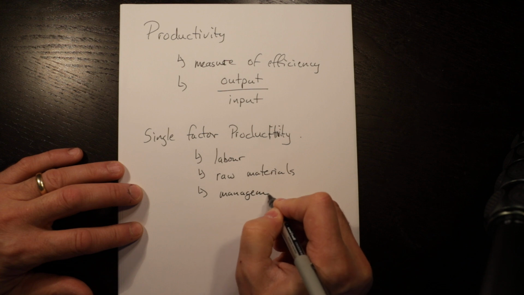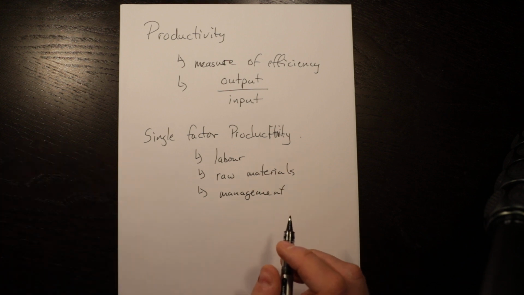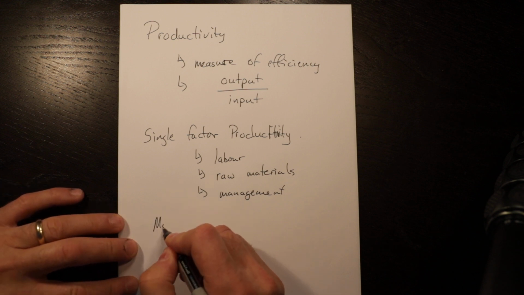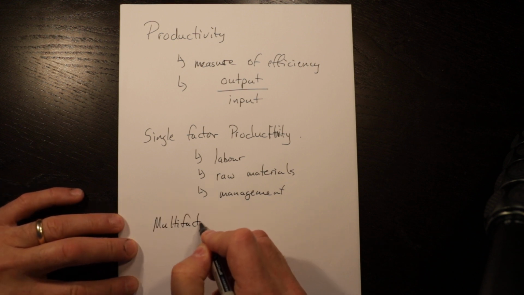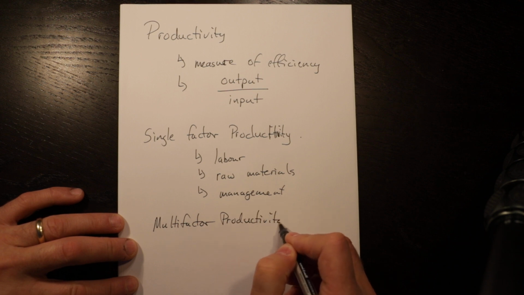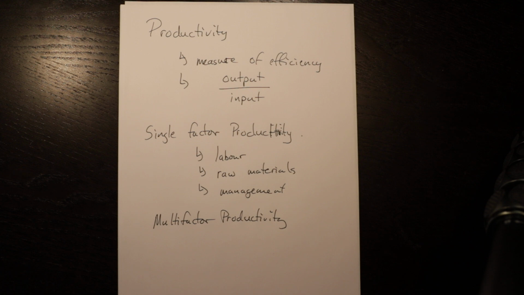And so the single factor productivity measures look at your ability to transform specific things into output. And then finally, we'll look at multi-factor productivity, which assesses the efficiency with which you put a combination, either all factors of production or some subset of those factors, into output. So those are the basic concepts.